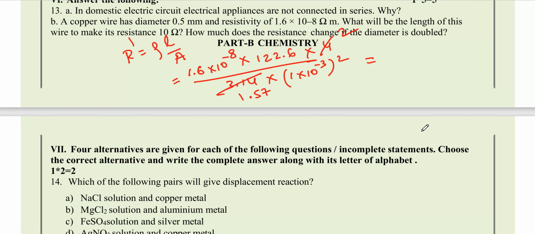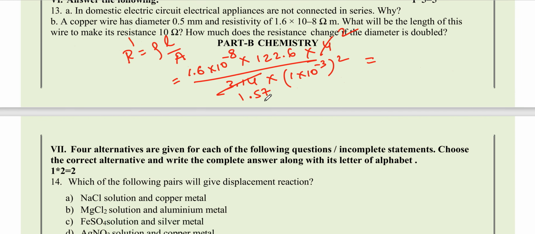Now you understood? Anything left out? Is it cancelable? Sir, 1.6 with 0.8, 16 does not cancel. 1.6 in the numerator, and there is no 2 in the denominator. 1.6 by 1.57, where would it get cancelled? 1.6 is even, its last digit is 6; 1.57 ends in 7, which is odd.